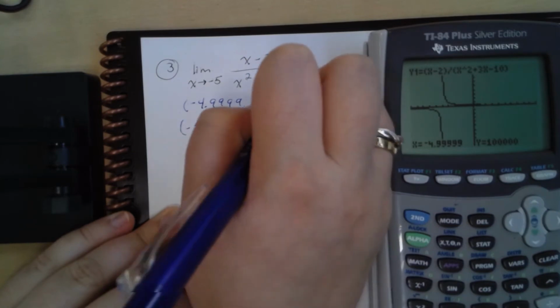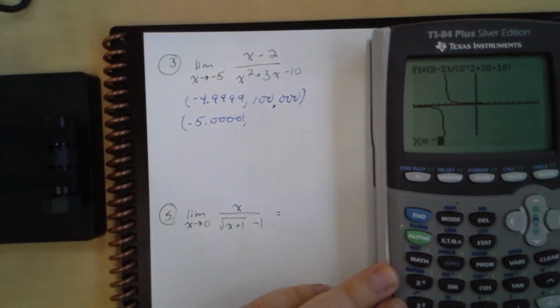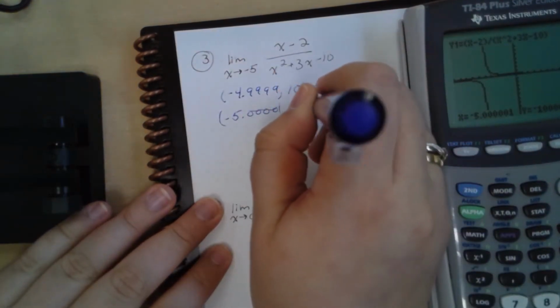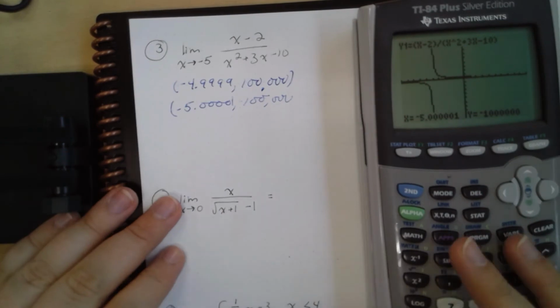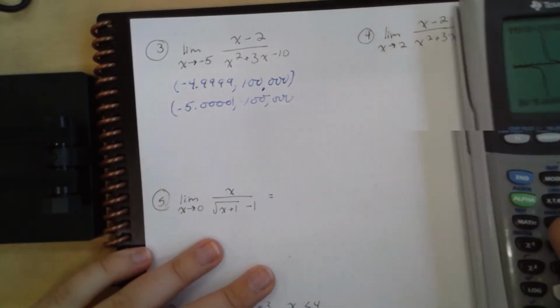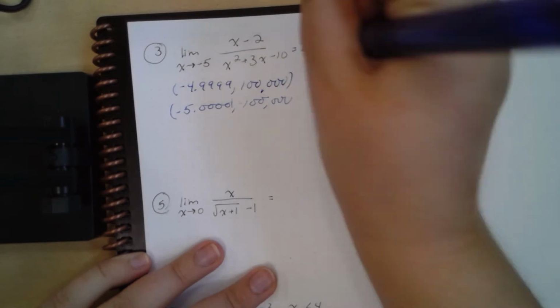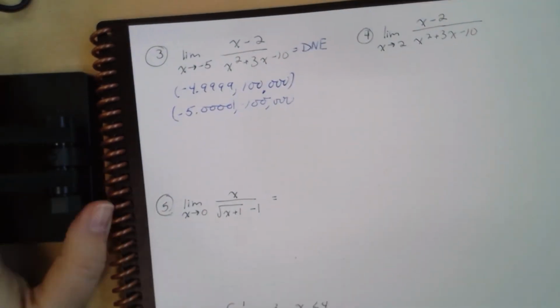And if I do negative 5.0001, I get negative 100,000. So what's my limit? These didn't match up, and because these didn't match up, my limit here does not exist. The limit does not exist.